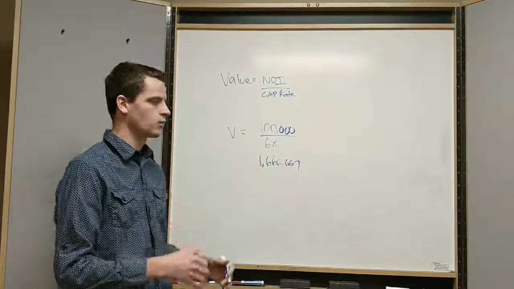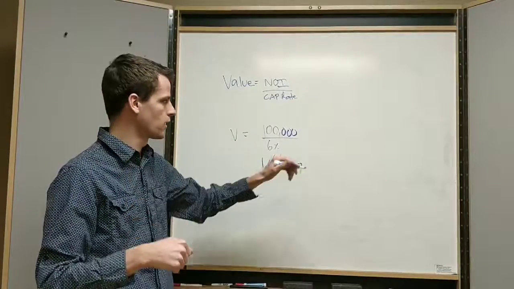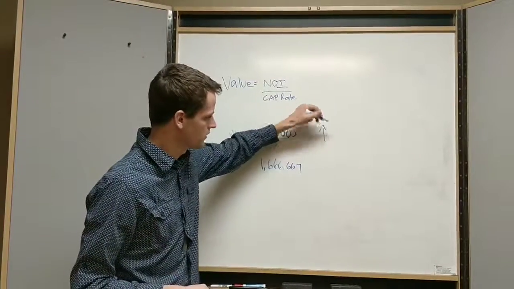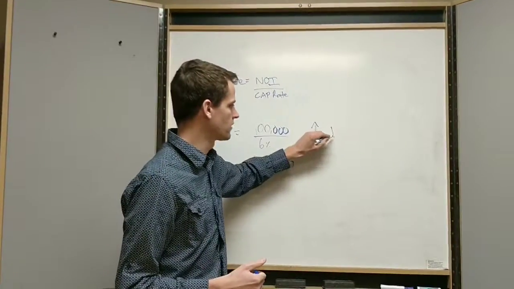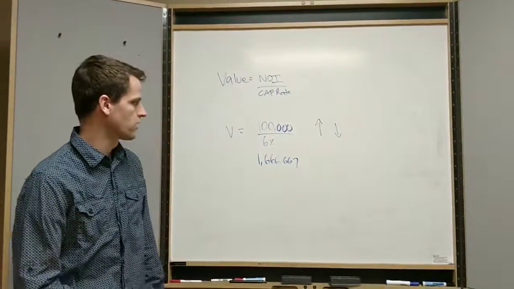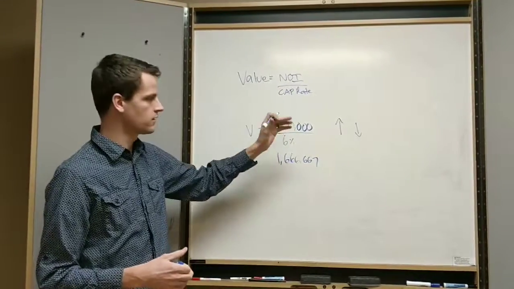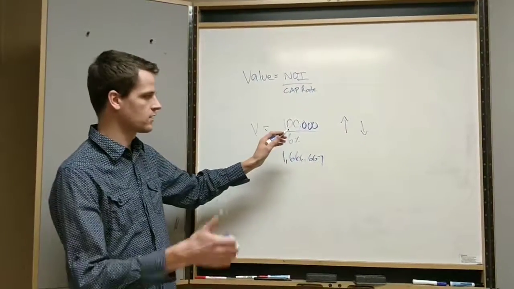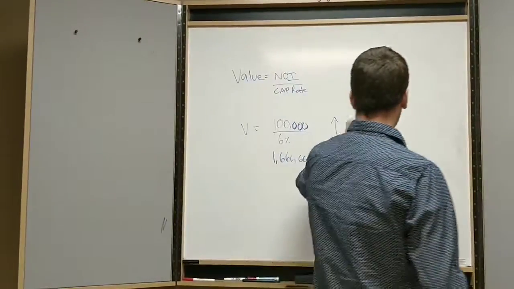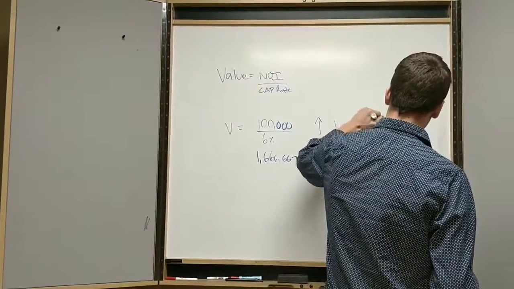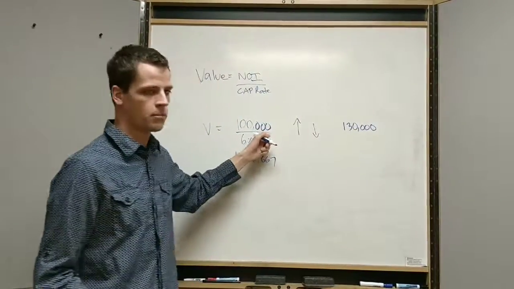We know that we can adjust some of these levers. We can increase the rents, and we think we could manage it a little bit better and decrease the expenses. So at the end of the day, we're able to capture more of the rents and increase the net operating income. Let's say we can get $130,000 of net operating income.